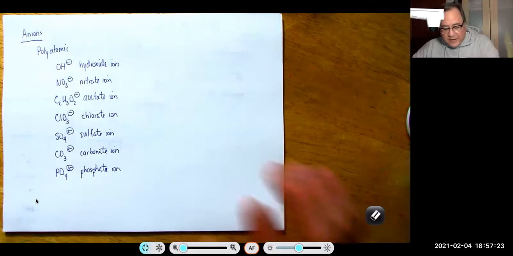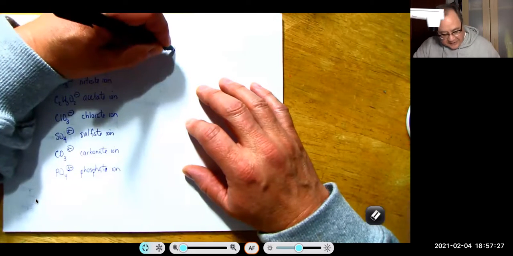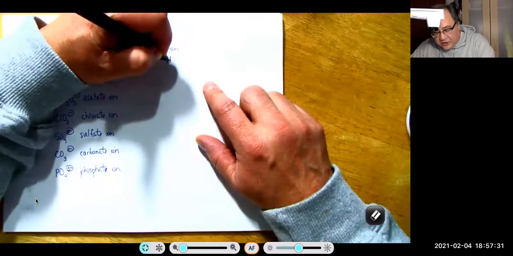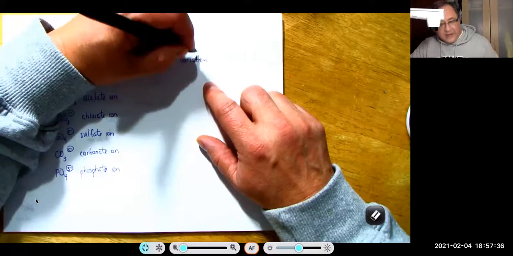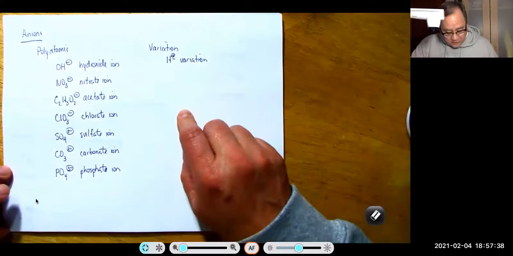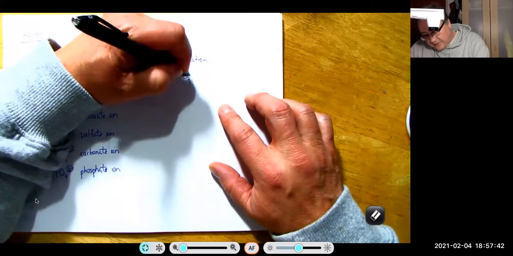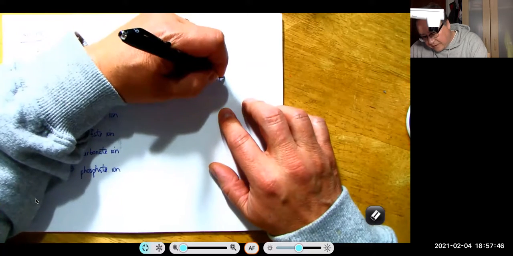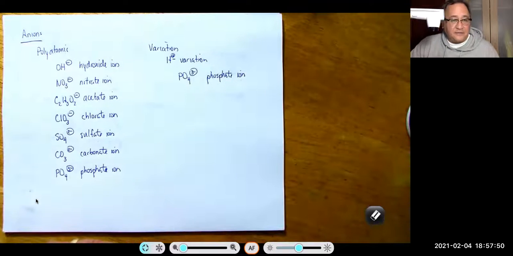Excellent. So now there are variations of these guys here. I'm going to give you the H plus variation first. And the H plus variation for phosphate looks as follows. So we have phosphate ion.